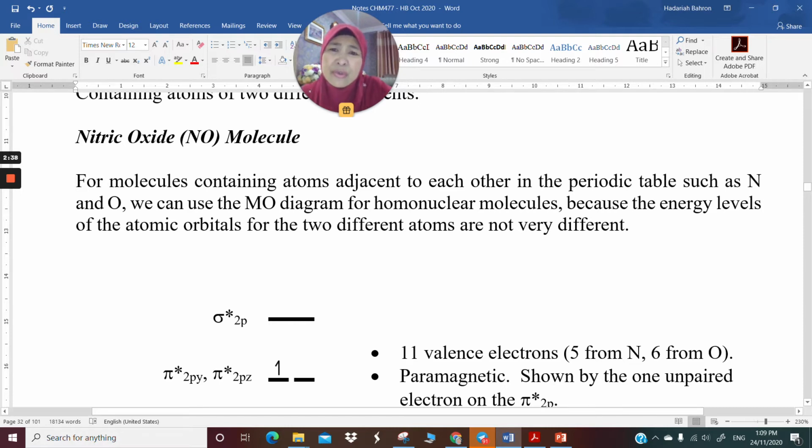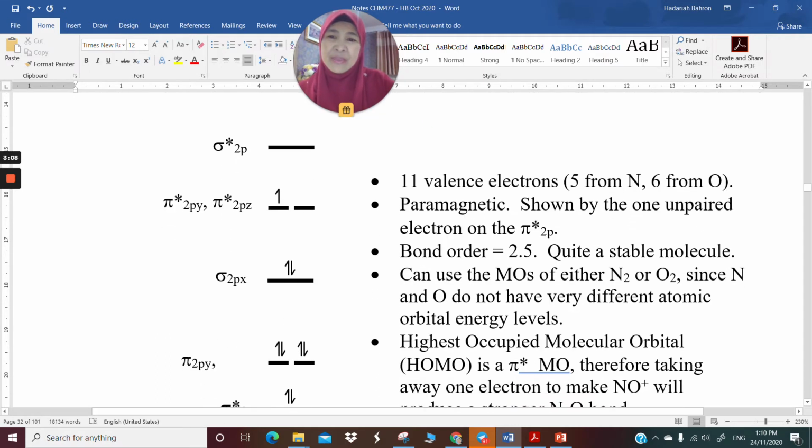Because the atomic orbitals of those adjacent atoms are located at almost the same energy level, we can use the molecular orbital diagram that we developed in the last lecture for homonuclear molecules, because the energy levels of the atomic orbitals of the two different atoms are not very different. Okay, so this is a simple representation of the molecular orbitals of your nitric oxide.